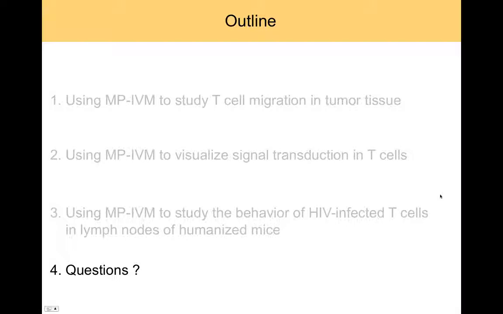Yeah, so many of the concepts that have been predicted based on in vitro studies of the immune system, especially in vitro imaging studies, have been in principle confirmed by in vivo imaging studies.